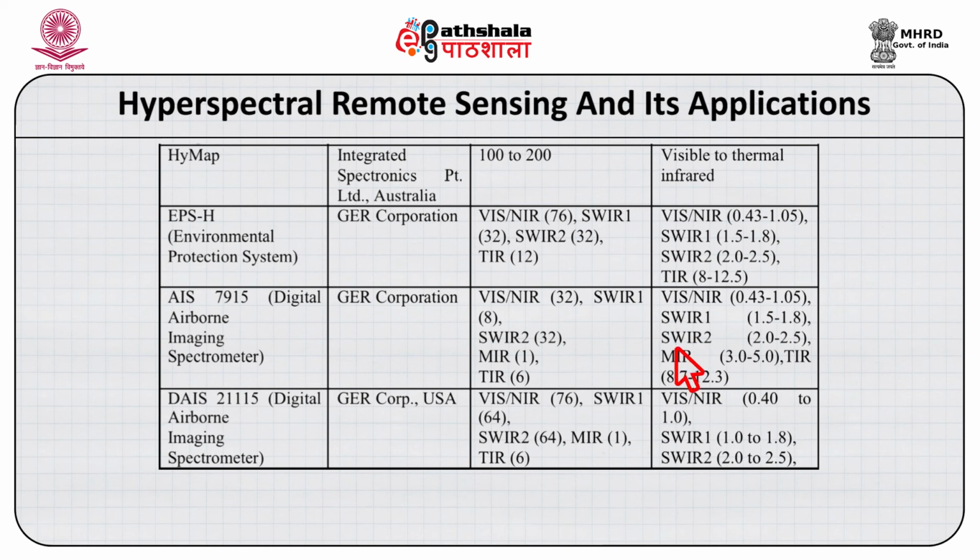And the beauty is that it also senses in the thermal infrared region. So out of so many hundreds of bands, visible near infrared is 76, in the bracket that you can see in the table, short wave infrared region 1 is 64, short wave infrared region 2 is 64, mid infrared region 1, and thermal infrared region 6. So these are the different bands which are being sensed in different spectral regions.